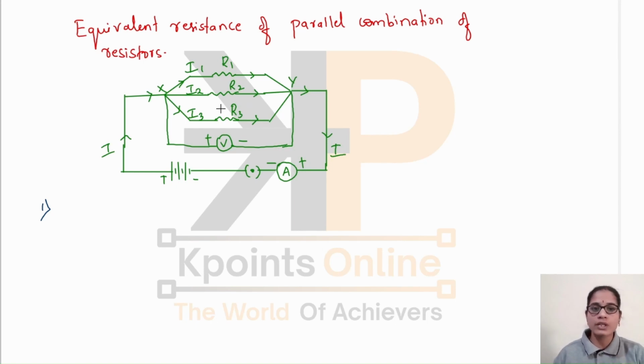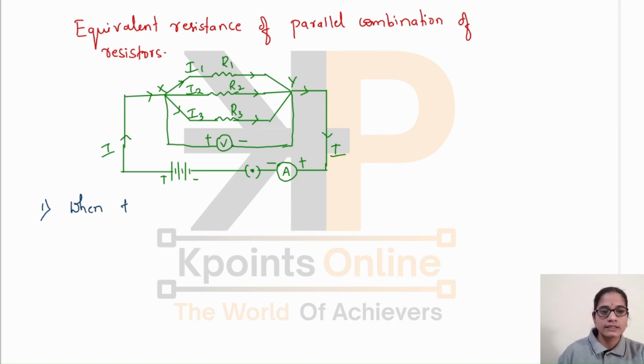And it was found that the sum of the currents flowing through the different resistors is equal to the total current flowing through the circuit. Understand properly, the total current flowing through the circuit was found to be equal to the sum of the individual currents flowing through each resistor.